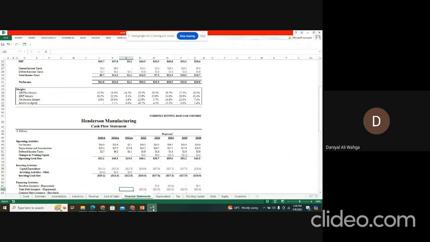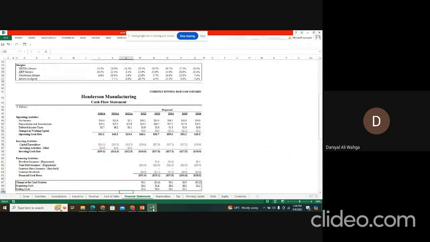Then I have my cash flow statement. My cash flow statement has three main elements. It has my operating activities, meaning the core activities of a business; my investing activities, how much my business invests, or how much my business gets back from its activities; then financing activities, how the capital structure of my business is structured, whether there are repayments of shares, whether there are repayments of debt, whether I buy back my shares or not.